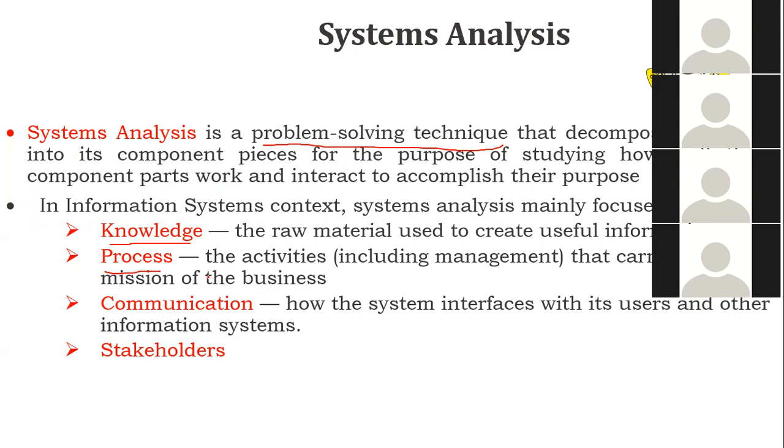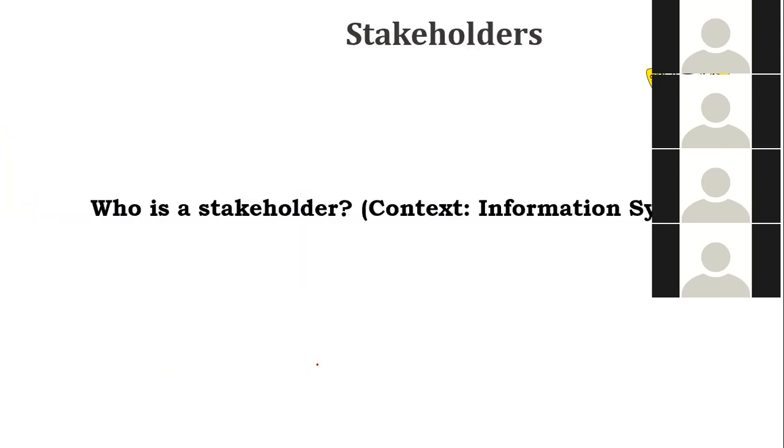What processes need to be handled and who will handle them? Then communication. Who will the system communicate to? Who will the users communicate with? How will the users communicate? What will the system interfaces be? Finally, the stakeholders, the analysis of their needs and requirements. Those are the four generic areas that systems analysis looks at.